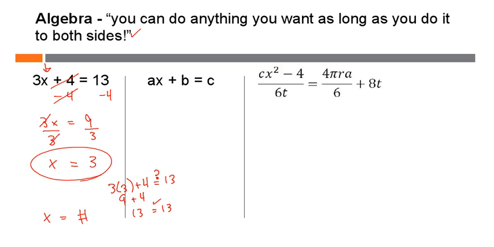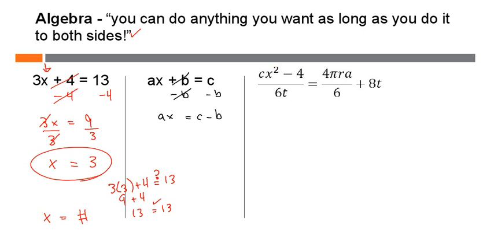So right here, where it's ax plus b equals c, we can do exactly the same thing. Remember how we did the addition subtraction stuff first? I could subtract b from both sides. b minus b cancels. I'd have ax equals c minus b. What do we need to do now? If I want to get x by itself, I've got to get rid of the a.